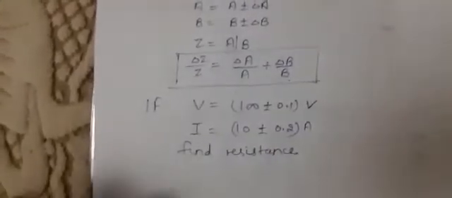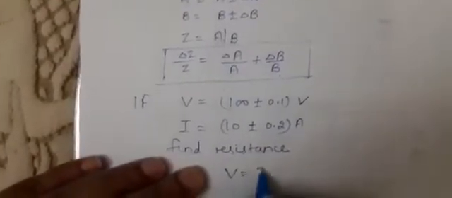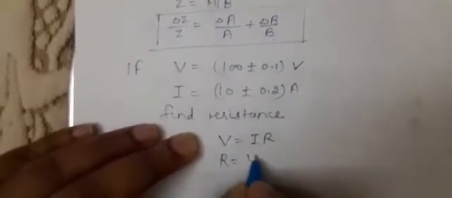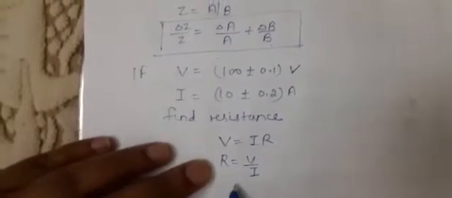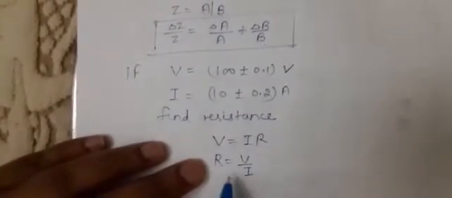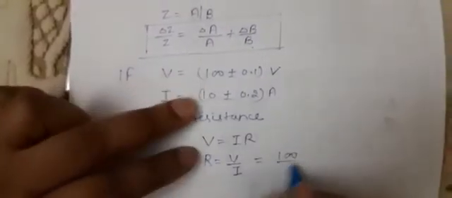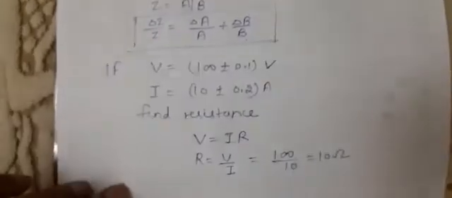Now you are familiar with the relation between voltage, current and resistance: V equals IR, so resistance equals V upon I. First of all, as you have to find resistance with proper error limits, the resistance will be, as the voltage value is 100 and the current value is 10, 10 ohm.